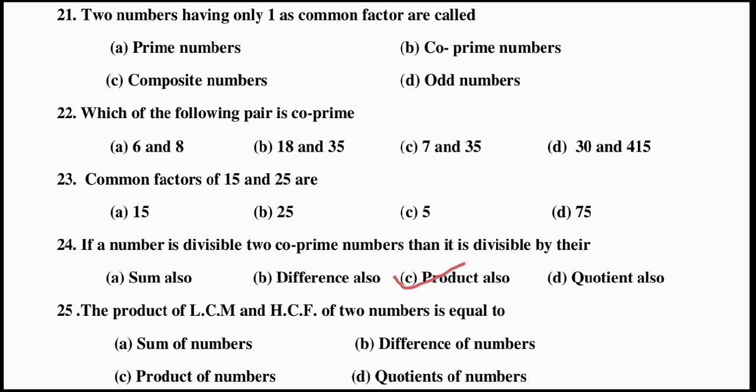Question number 25. The product of LCM and HCF of two numbers is equal to sum of numbers, difference of numbers, product of numbers, quotient of numbers.